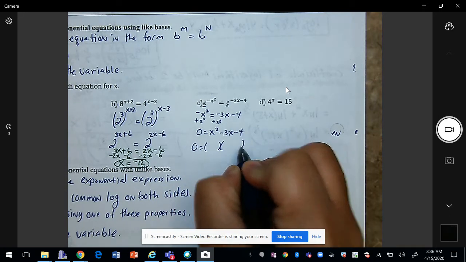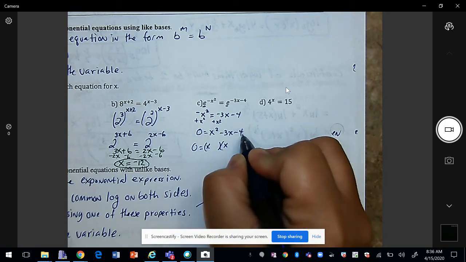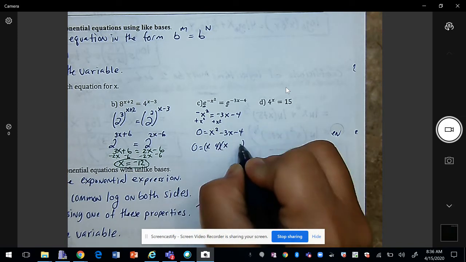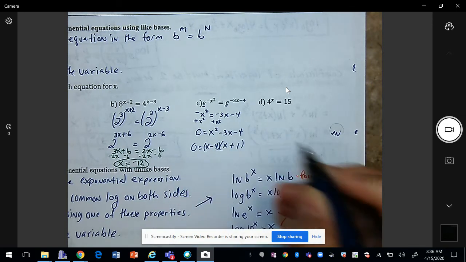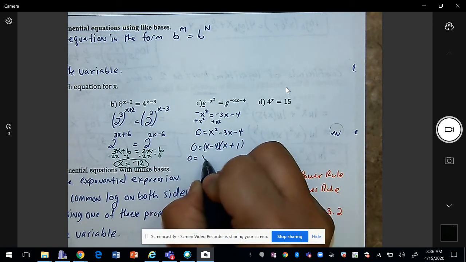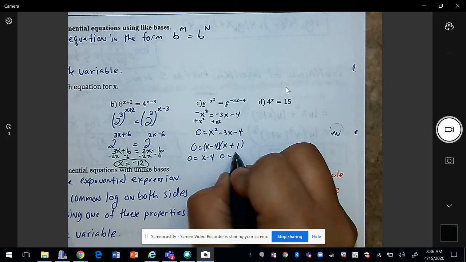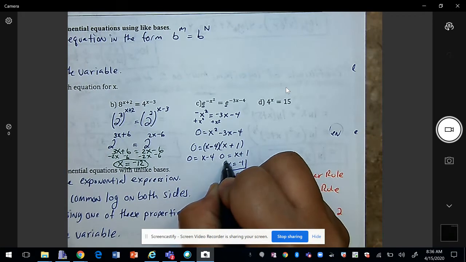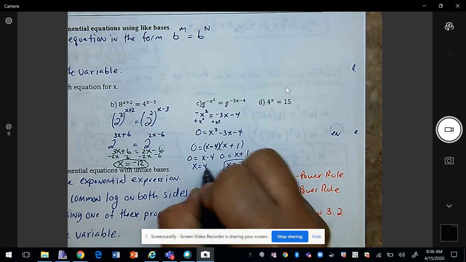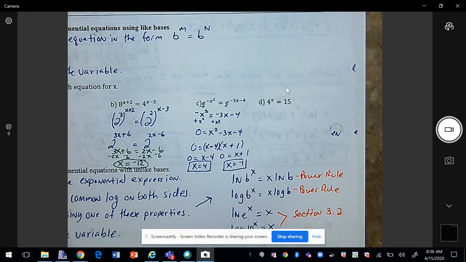So I'm going to test to see if it's factorable. 4 would be 4 times 1. The 3 is negative, so the larger number should be negative. So this does factor. I can set each factor equal to 0 and solve for x. In this case, we get 2 solutions.